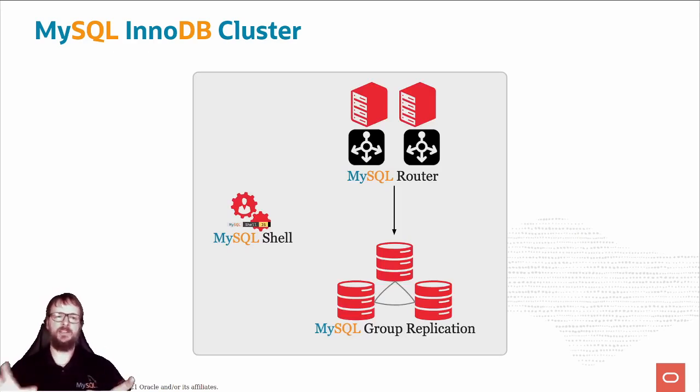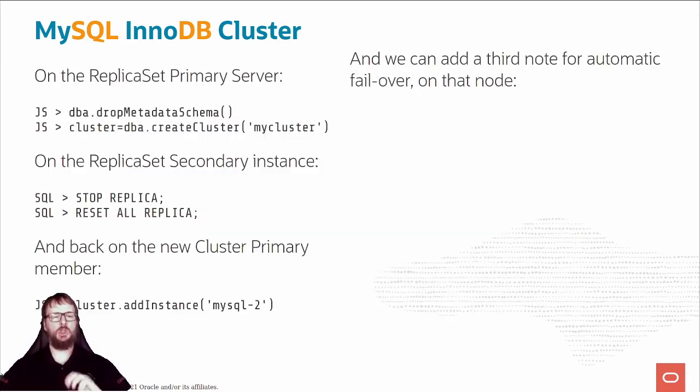And this is the architecture of the InnoDB Cluster. So we have the router, we have the servers that replicate using group replication, and the shell to orchestrate all that. So how do we migrate from this single instance, from this ReplicaSet, to InnoDB Cluster? The first thing, on the primary of the ReplicaSet, we drop the metadata schema, and then we create the cluster. Then on the secondary instance, we run in SQL stop replica, reset replica to forget about that.